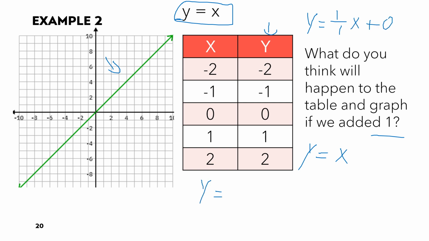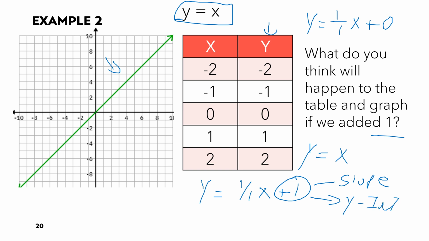So what's going to happen if we rewrite it as 1 over 1x plus 1? What is this 1? Is this 1 the slope? Or is it your y-intercept? So think about it. Maybe pause the video, and then the next slide will carry us on.